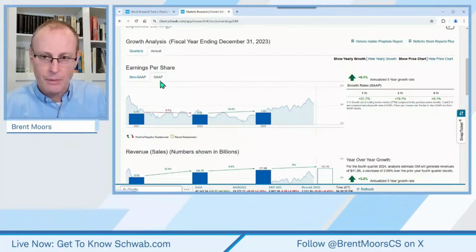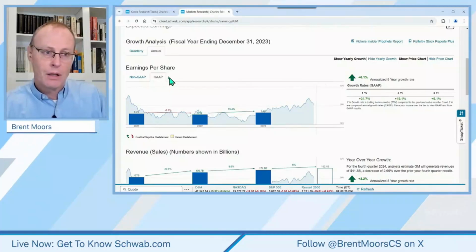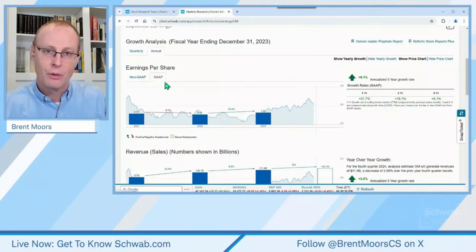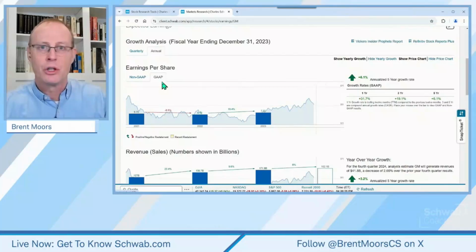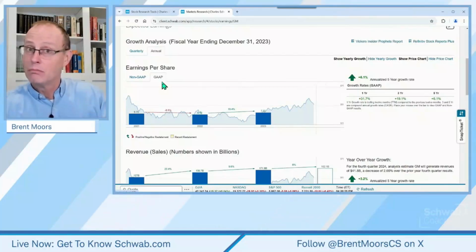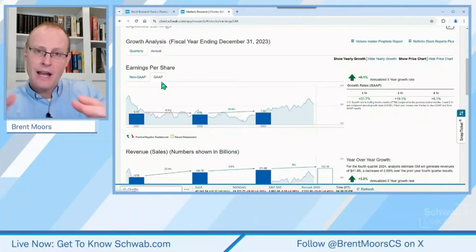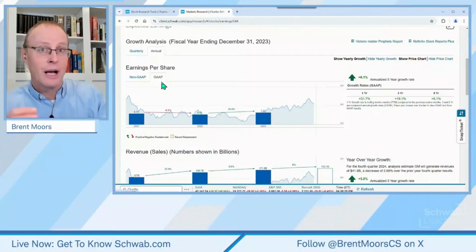That's their normal numbers, and there are pros and cons to that. A lot of people find more confidence in that because they're less able to be fudged, so to speak. I say less able because in accounting you can kind of manipulate some data.